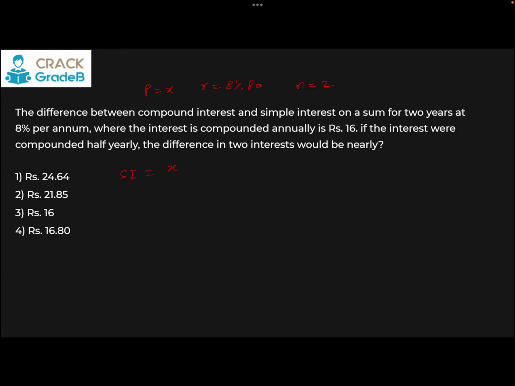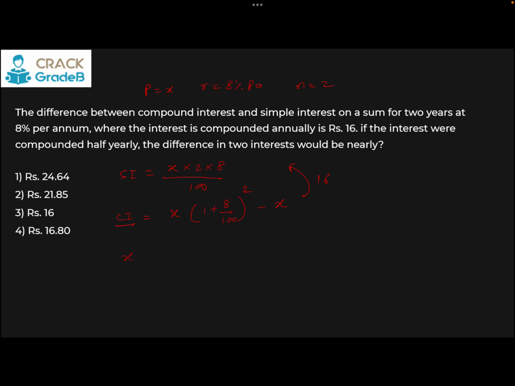The simple interest we'll get is P into N into R upon 100, and the compound interest we'll get is P times (1 plus R upon 100) raised to the power number of years, that is 2. But we'll have to subtract the principal from it, because this is the formula for the amount. So amount minus principal will give us the interest. Now the difference between these two is given as 16.